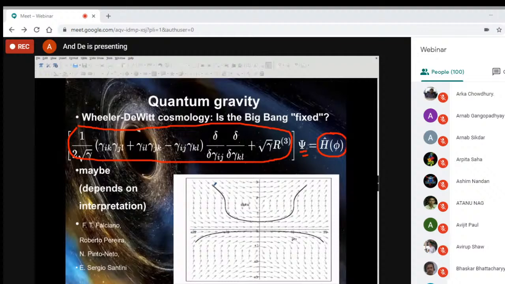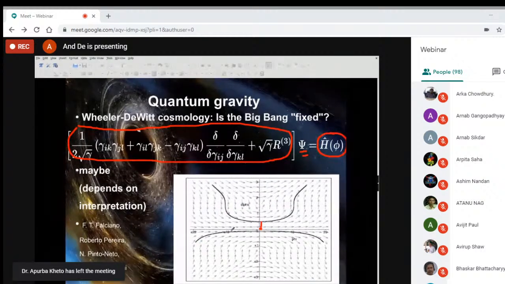So in one interpretation by these four authors here on the left, they get an alpha which stays above the critical value. So they claim you do not get a Big Bang. In other words, the probability, because quantum mechanics is a probabilistic theory, of having a metric with a Big Bang, they claim is 0.